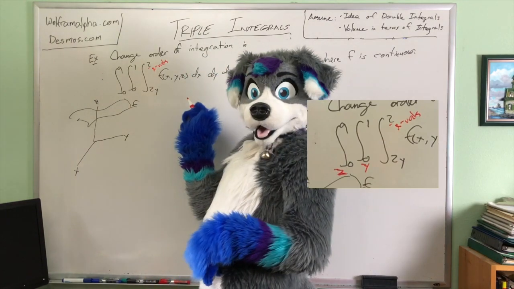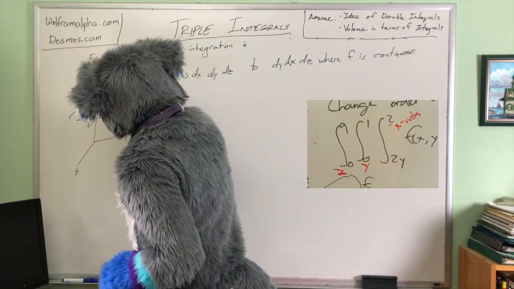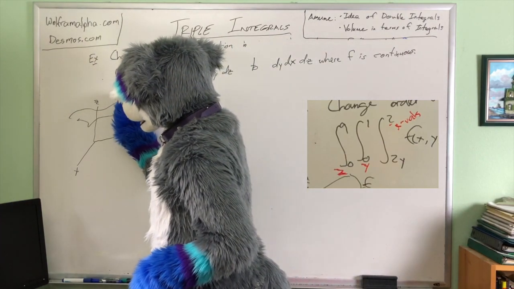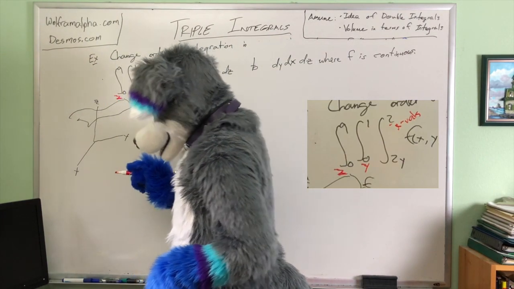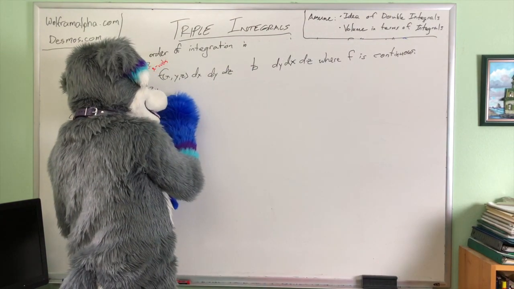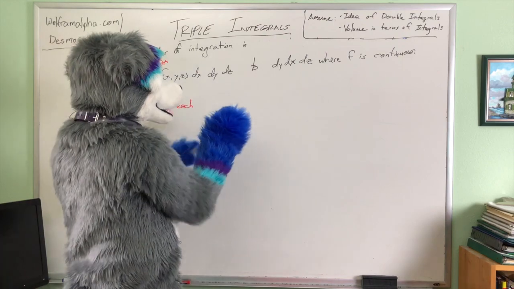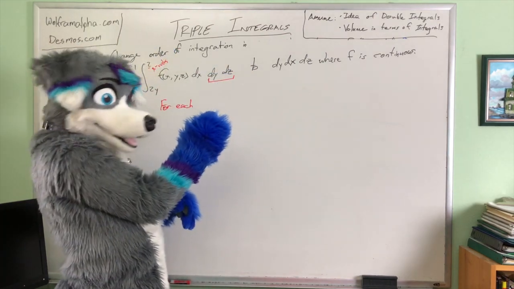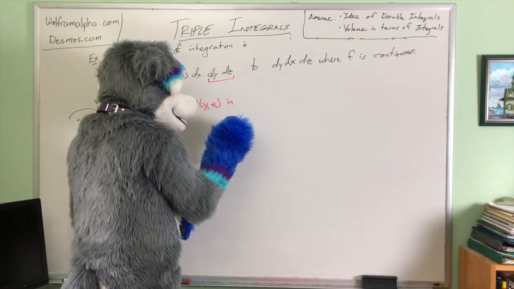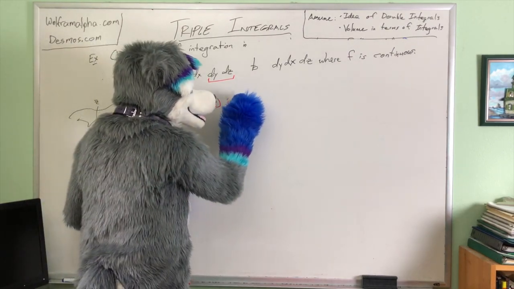And then y values are in the middle. And then the z values are in the end, or on the outer integral. Okay. So this is saying for each YZ pair in my region.